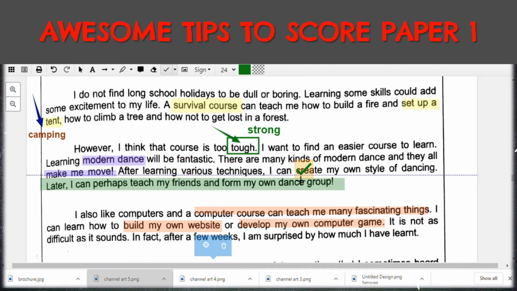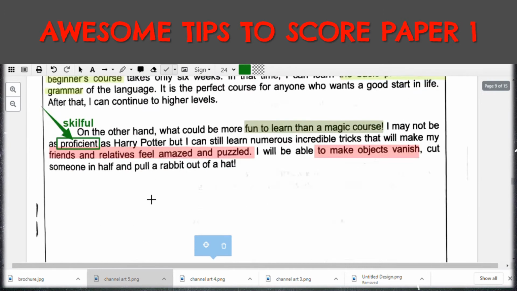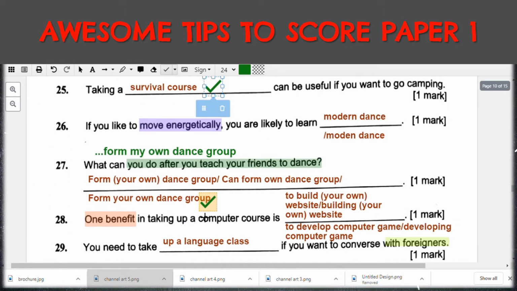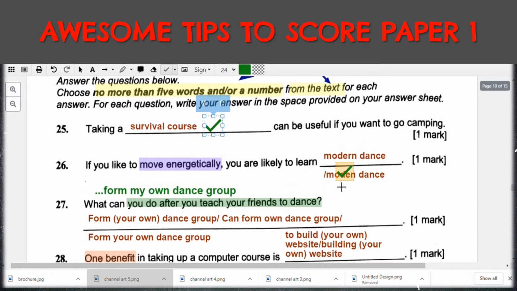There are many kinds of modern dance and they all make me move. So to make you move, what can you learn? Of course, modern dance. So the answer here is modern dance. Take note of the spelling.